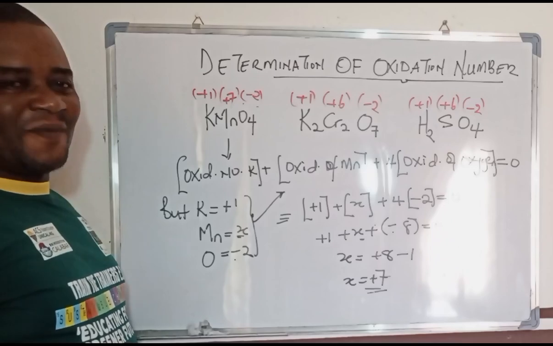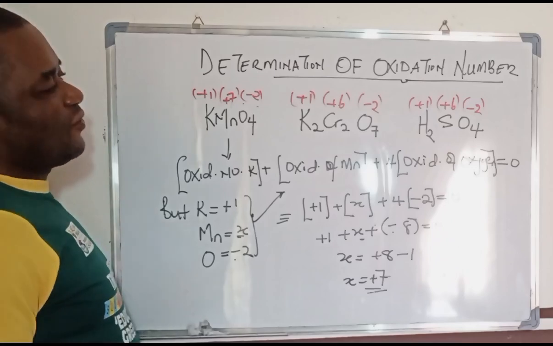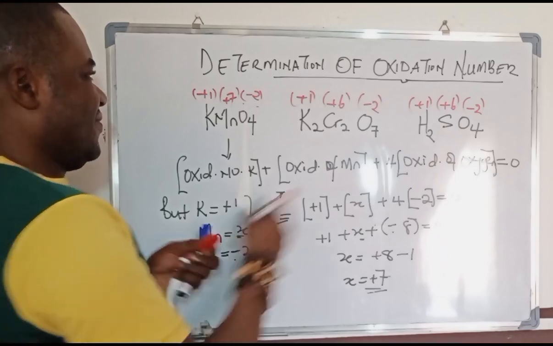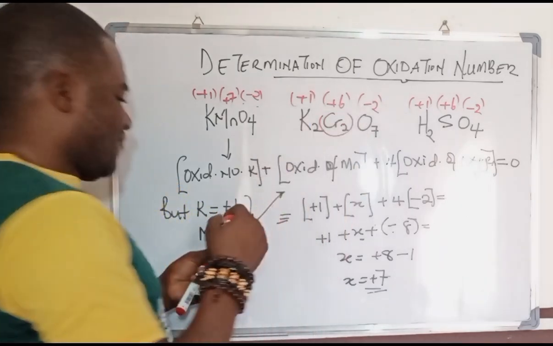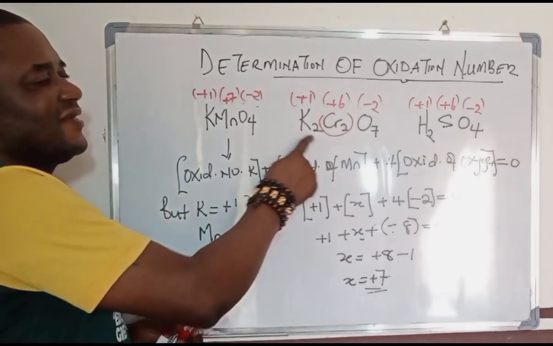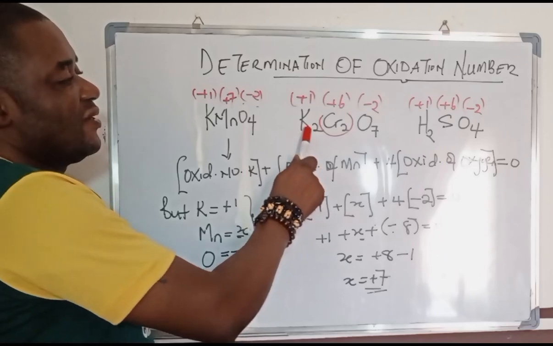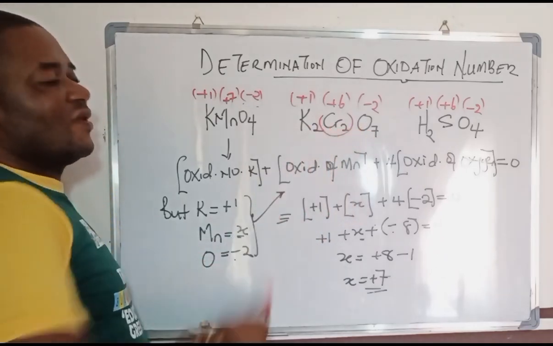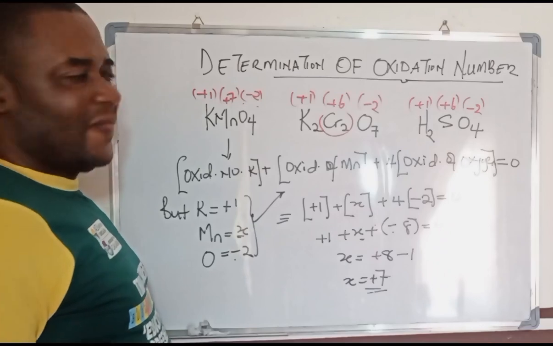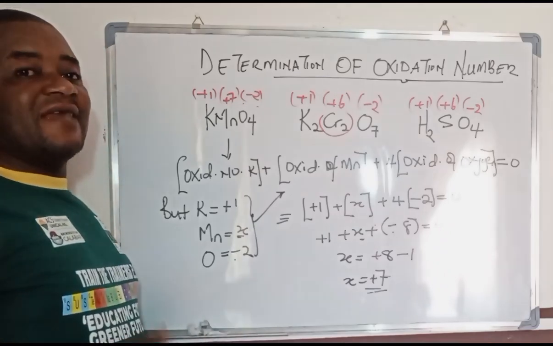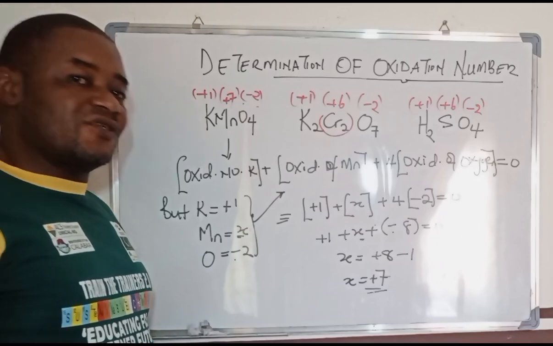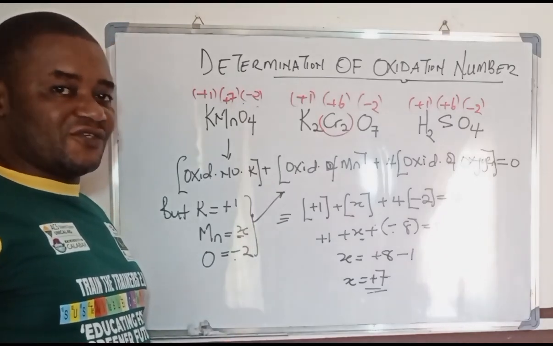Very simple. Now let us see how we can also determine the oxidation state of chromium. The oxidation state of chromium in this compound, potassium heptaoxodichromate(VI). The naming of this compound ending with 6 is because of the central role of chromium in this compound and from its oxidation state in the compound.